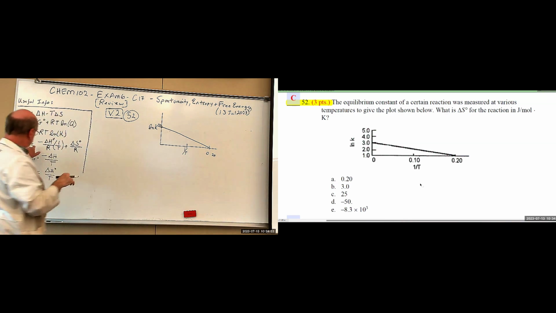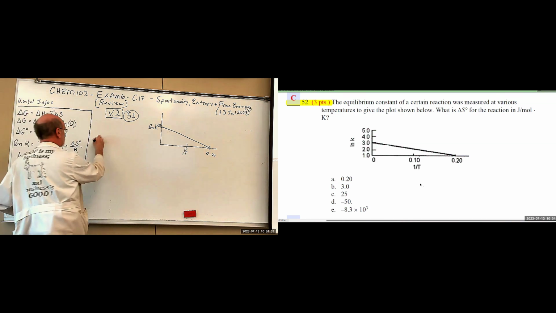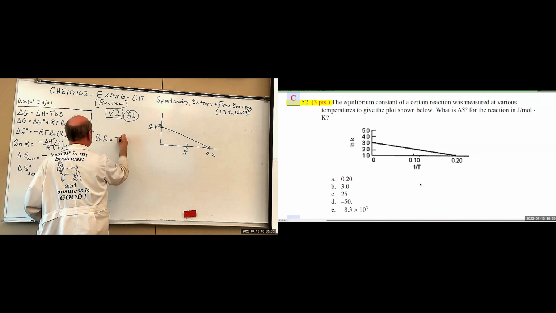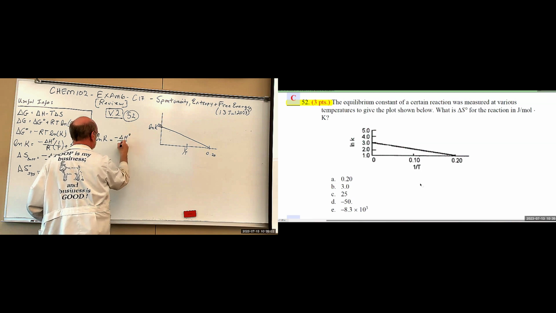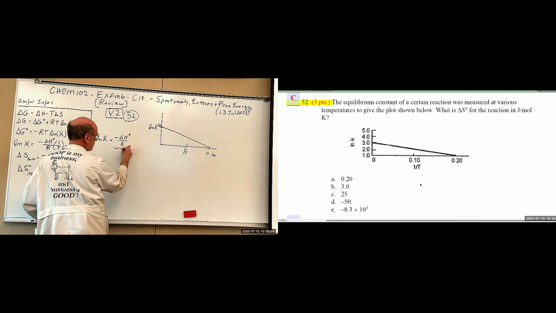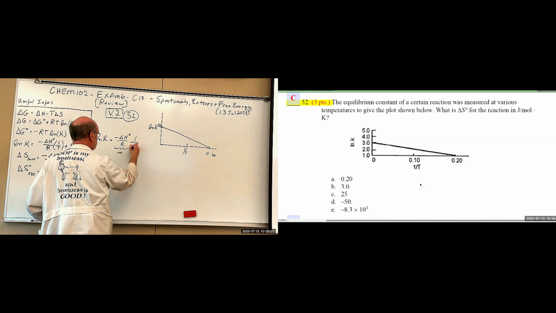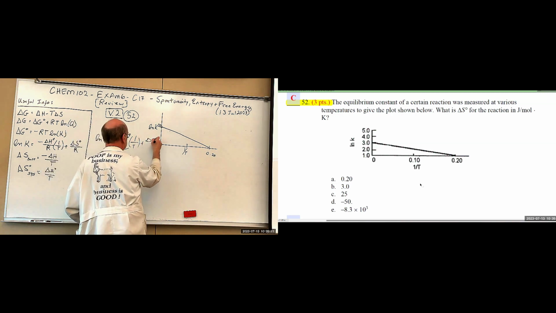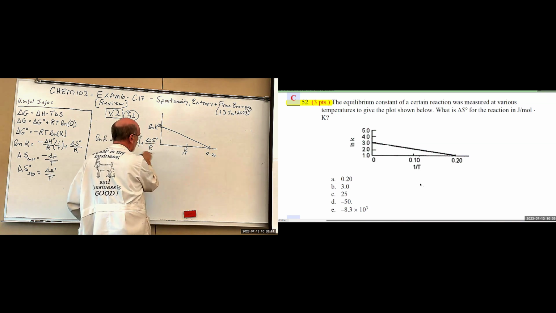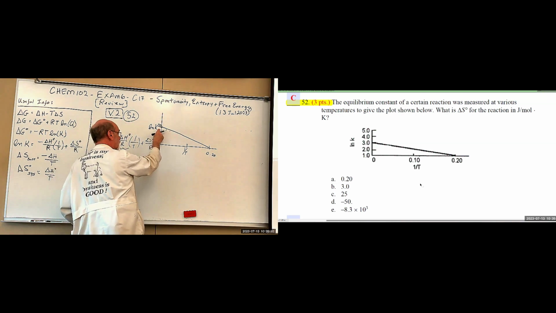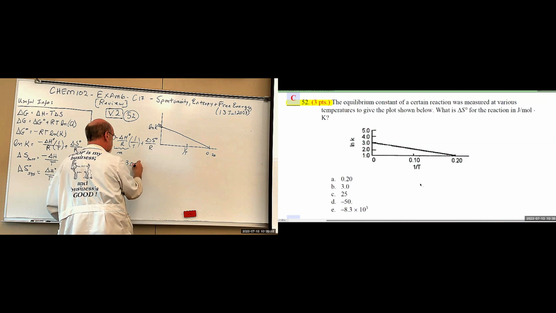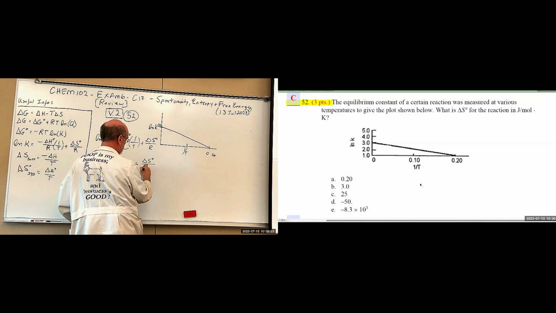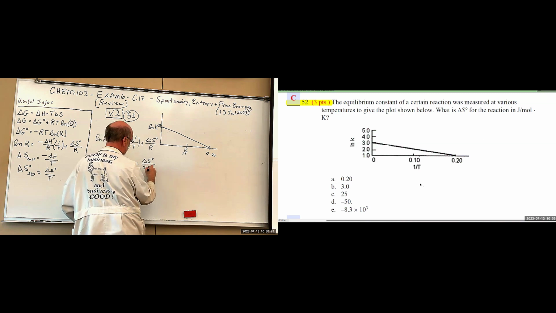Okay, so we're looking at this plot right here. Log k is the y. This one is the slope, this one is the x value, and this one is delta S 0 over R. This one is the y-intercept. The y-intercept is 3. So 3 is equal to delta S 0 over R, which is 8.3145.